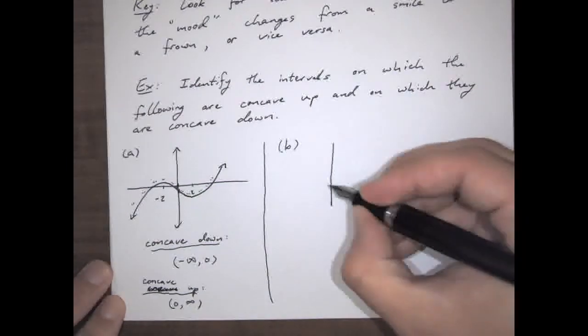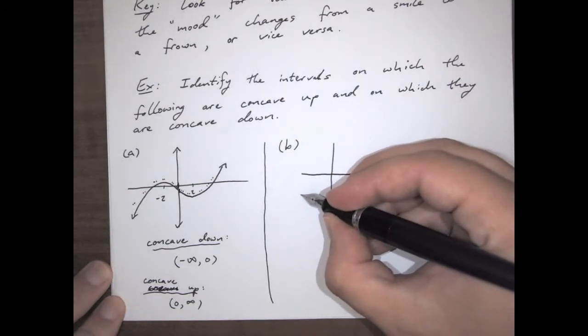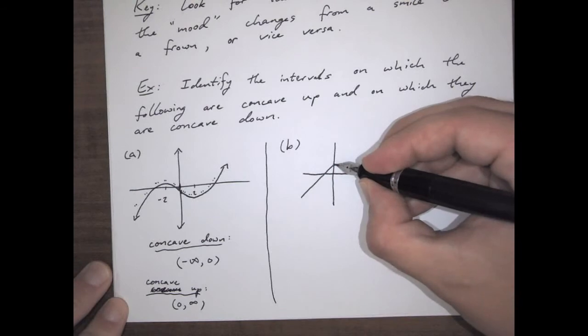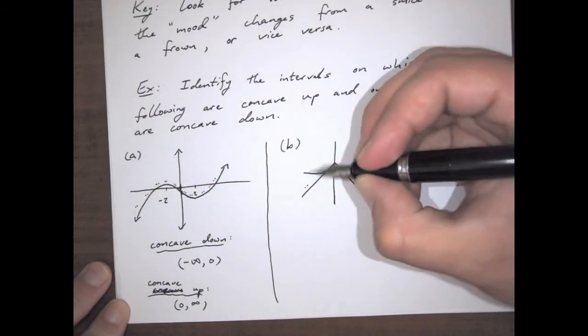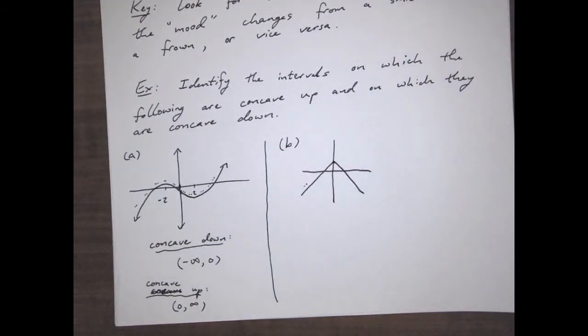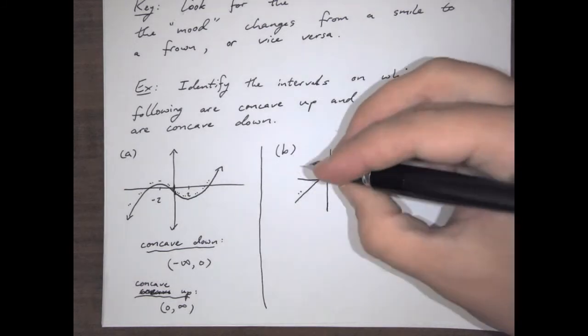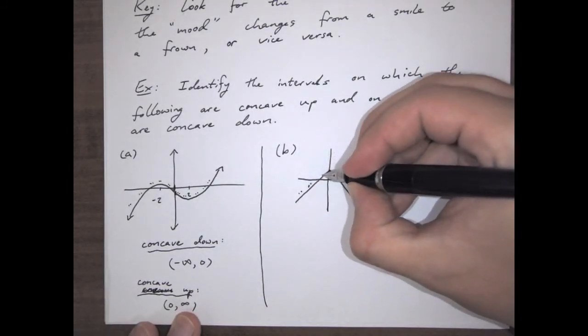Now, let's have a look at a graph with just some straight lines like that. Straight line like that. Now here, it's holding steady, so if you look at its mood, and don't get distracted by what happens later, but if you just look at its mood in the short term here, it's very stoic. It's like a Vulcan. Same thing here, very, very stoic. Sitting there, taking it all in.